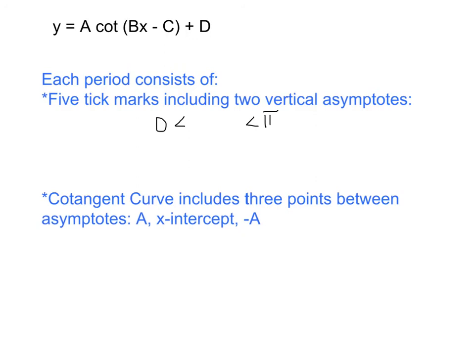So what happens is when you have a phase shift, which is the bx minus c, then that also shifts where your vertical asymptotes are. So you're going to do the same thing we did with tangent and start off with this inequality, and then you'll solve for x.